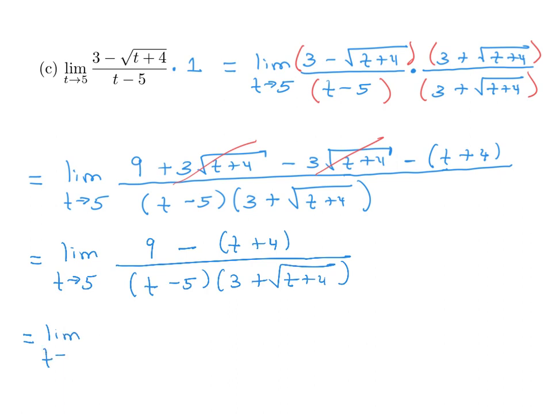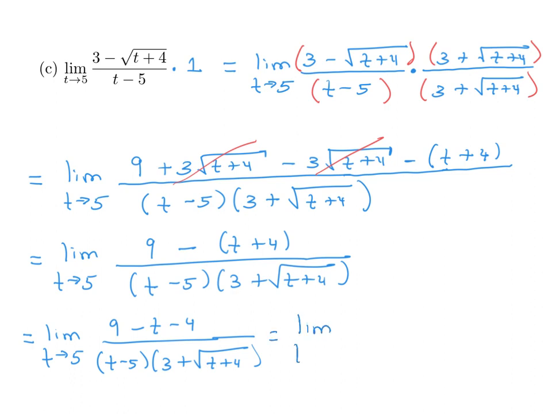This is the limit as t approaches 5 of, well, that's really 9 minus t minus 4, all divided by (t minus 5) times (3 plus the square root of t plus 4). And I'm going to subtract the 4 from this, and I get 5 minus t, which is really close to t minus 5. So I'll continue that next.